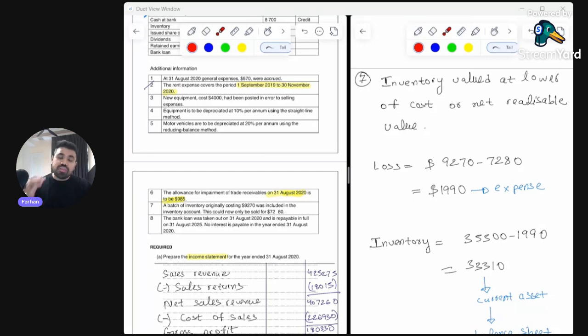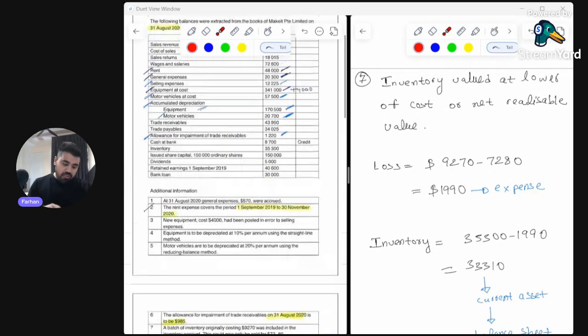All right. So what's the amount for that loss? The amount for the loss is the difference between 9,270 and 7,280, which is $1,990. And this impairment loss is obviously an expense. In fact, any losses you incur in your business is to be treated as an expense, okay? And all expenses are to be reported in the statement of financial performance or the income statement.